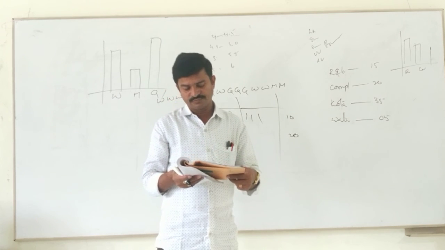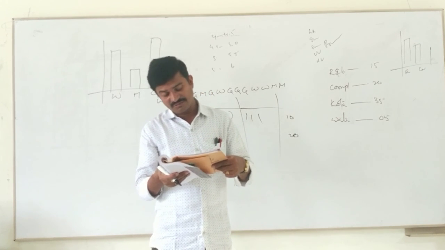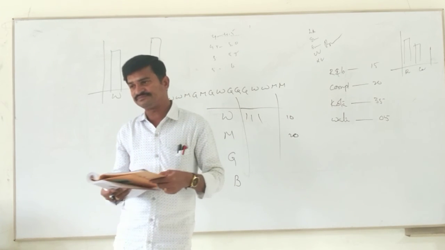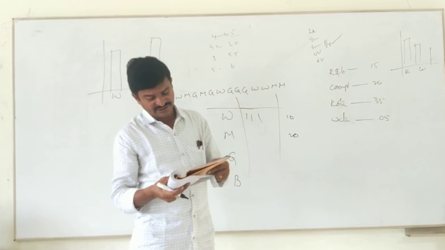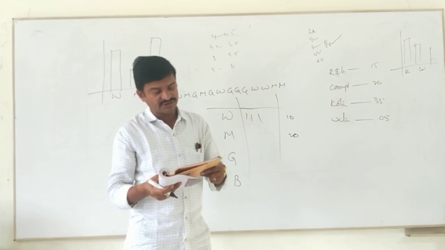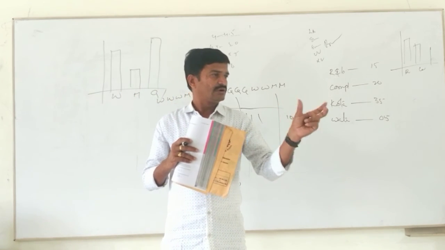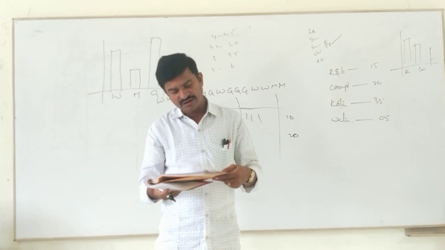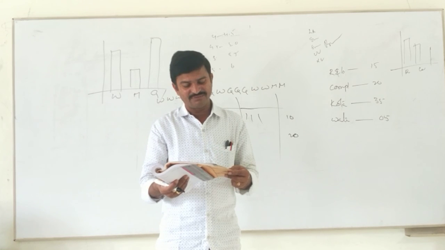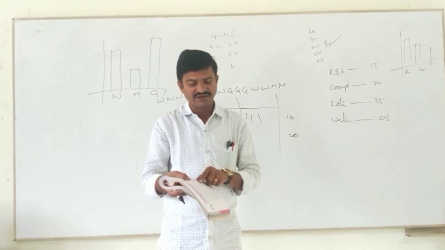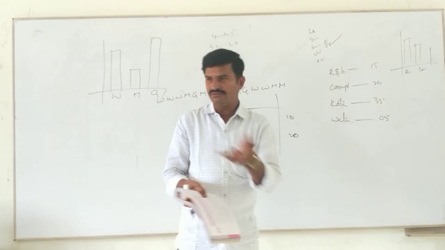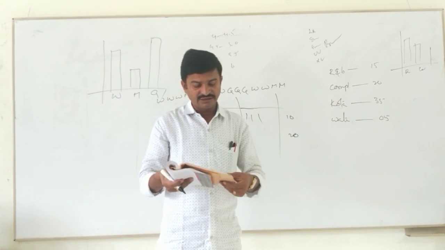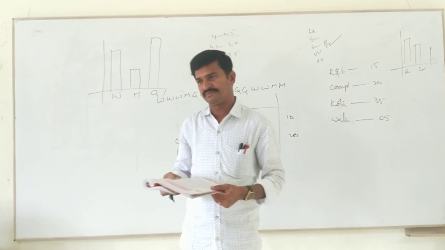And the highest salary? 898, that is nearly 900. So take a gap of 10. Using tally marks, make a frequency distribution table with intervals 800 to 810, 810 to 820. Do you know how to draw it? Yes, sir. And you also have to represent that with a histogram.